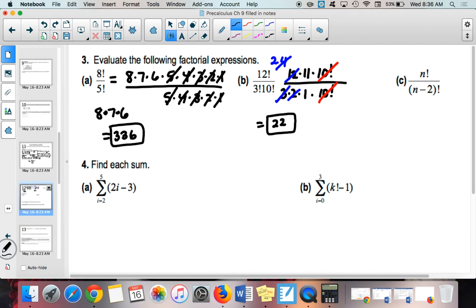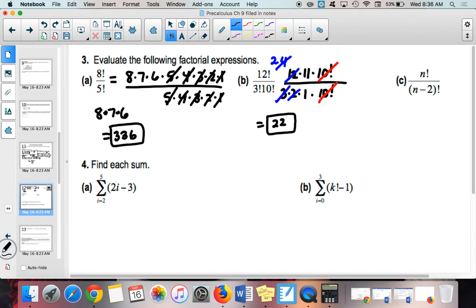All right, so really think about this one. Anybody have any guesses? So n factorial over n minus 2 factorial. Think about with numbers.